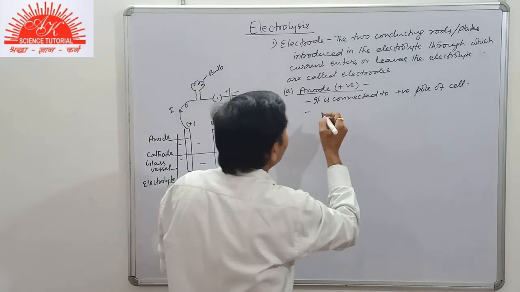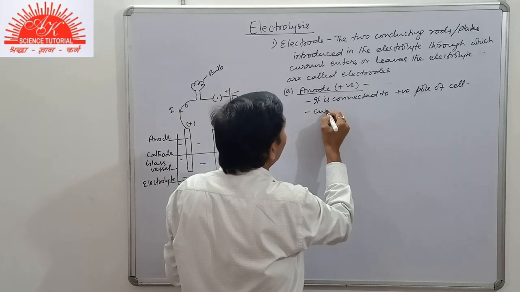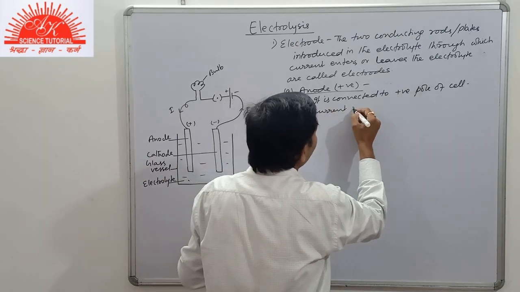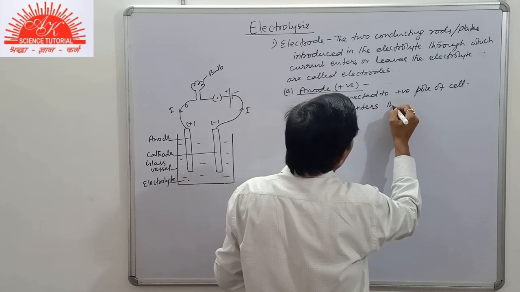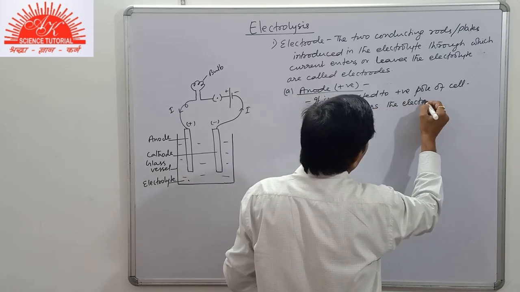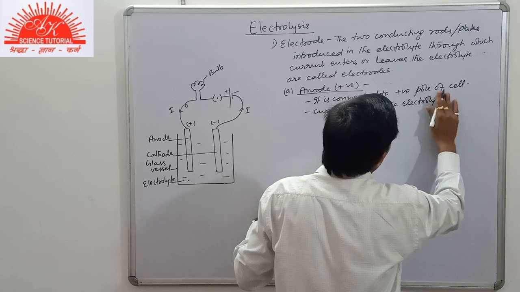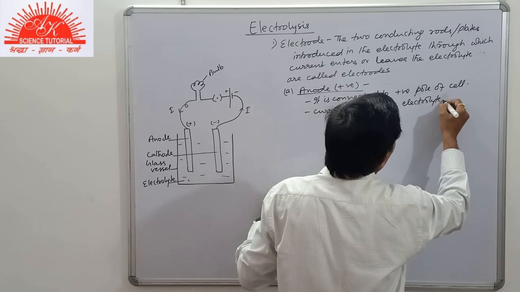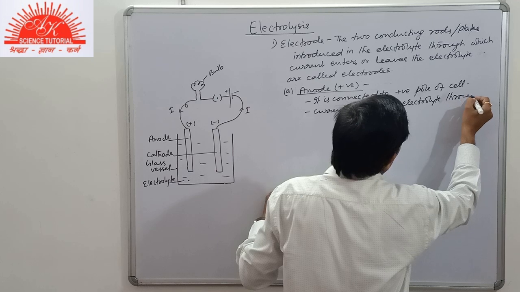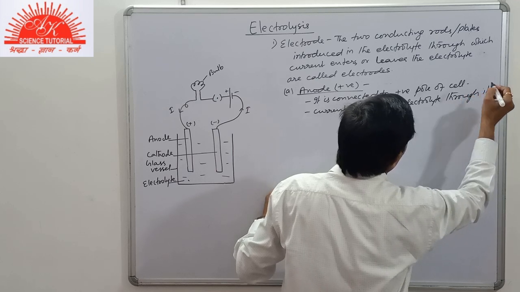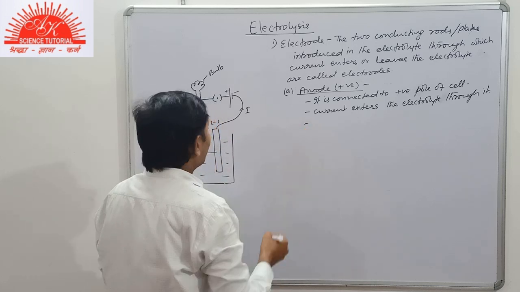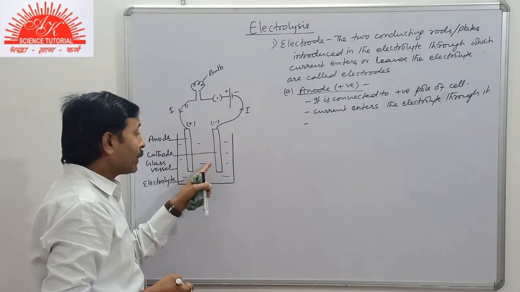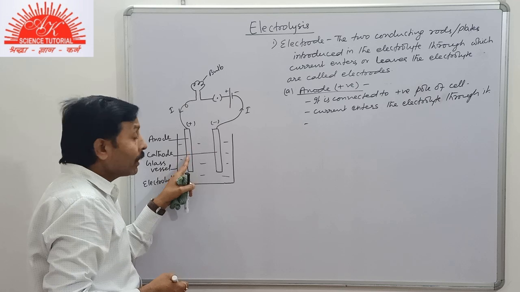So in that case you write that current enters the electrolyte through it. Now similarly, we have explained that in the previous example chloride ion was losing electrons here.